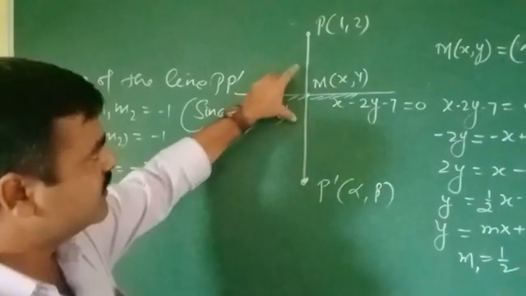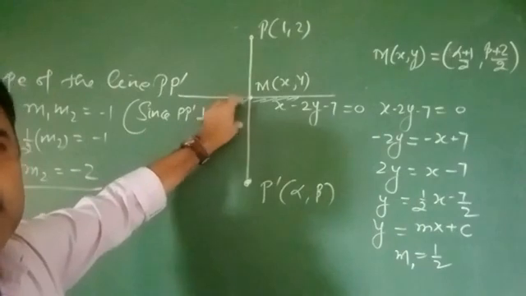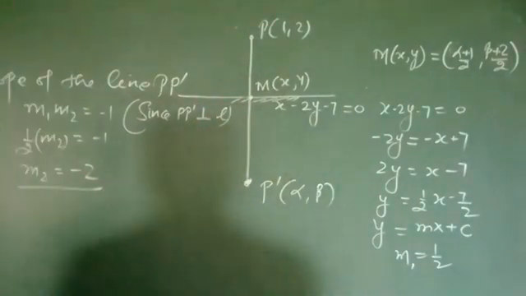Since these two lines are perpendicular, the product of the slopes will be -1.